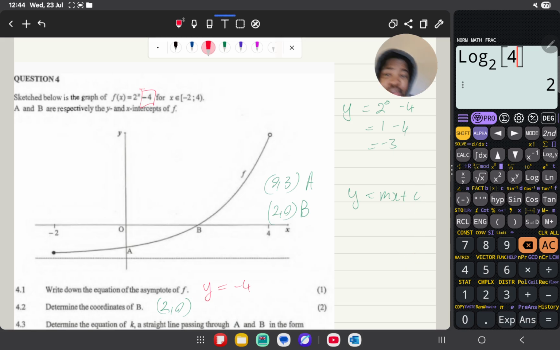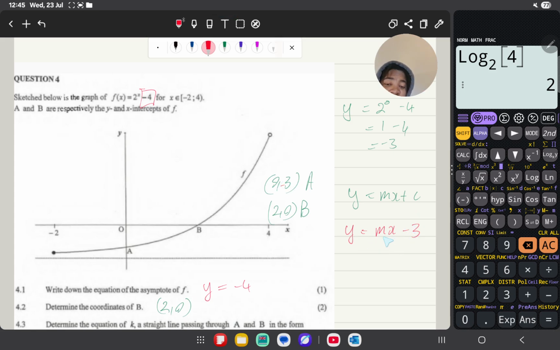So you write that value, which is minus 3. So you're going to have something like this.